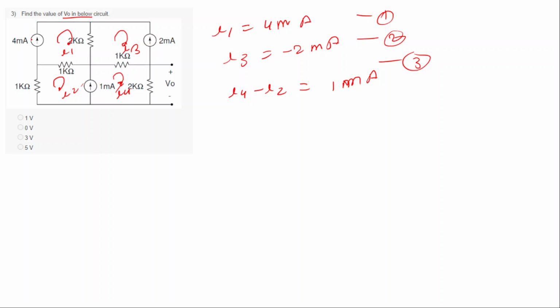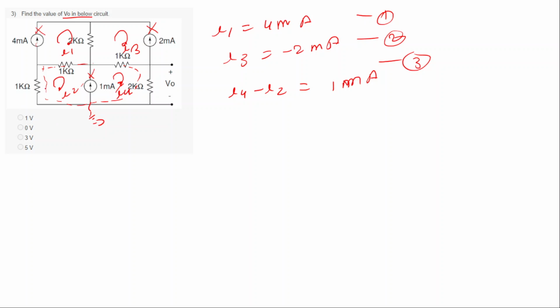We can't go through the meshes where a current source is present, so the only mesh we can use is this one, because it has only voltage sources. Let's assume this is 0.